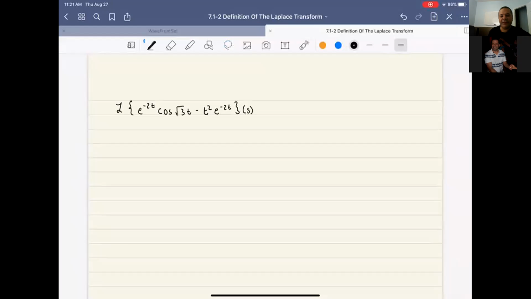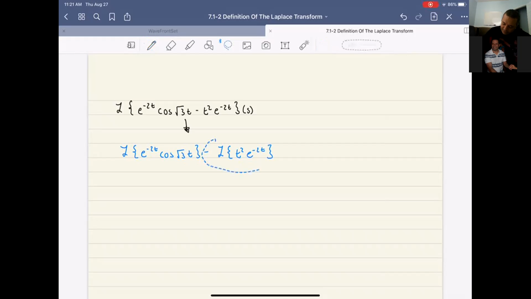That's of s, and that's going to be, by linearity, the Laplace transform of e to the negative 2t cosine square root of 3t minus the Laplace transform of t squared e to the negative 2t, of s.